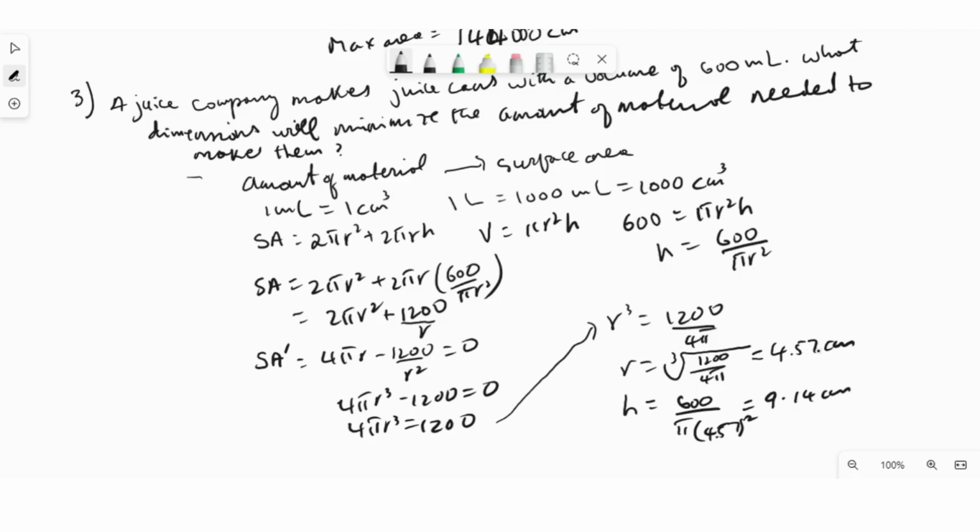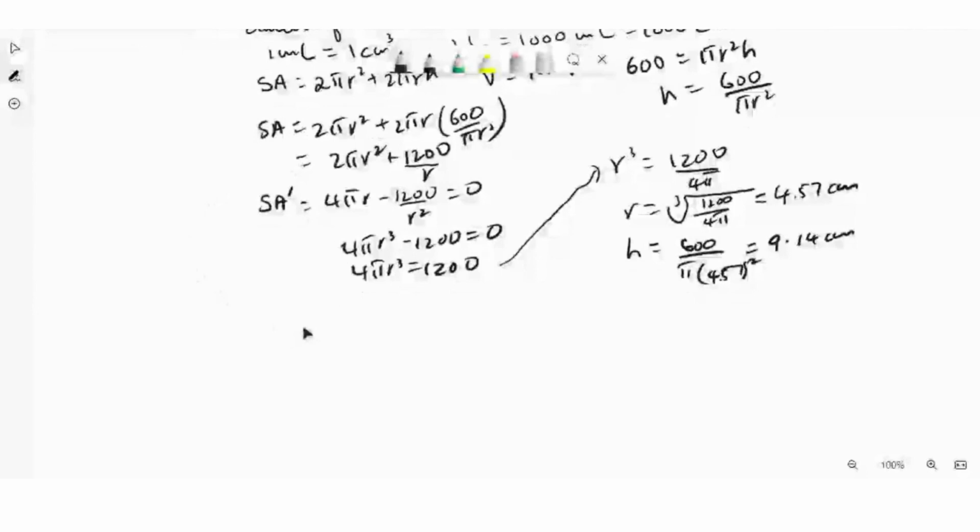So if my calculations are right, for this kind of question, the height must always be equal to the diameter, which means the radius must always be half of the height. So my dimensions for this are: r is 4.57 centimeters, h is 9.14 centimeters. Okay, that's some kind of questions with optimization.